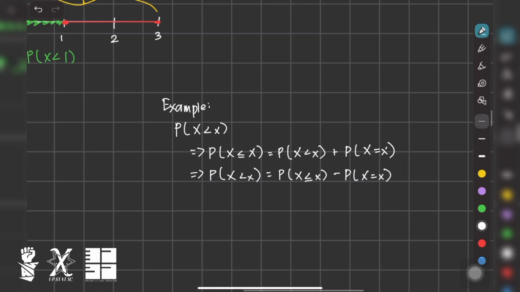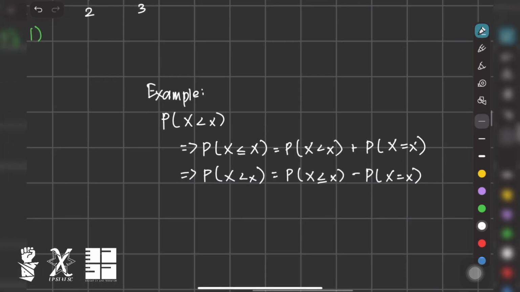Now, after this, we can solve it through the probability that big X is less than x. Note that this form is your discrete cumulative distribution function notation, so we can just note it as F of x. And this is the notation of your probability mass function, so that will be f of x.